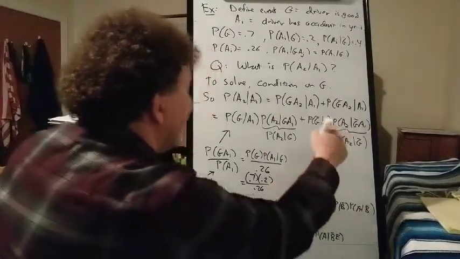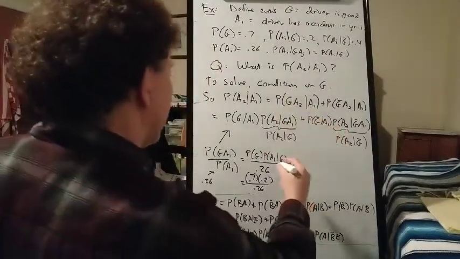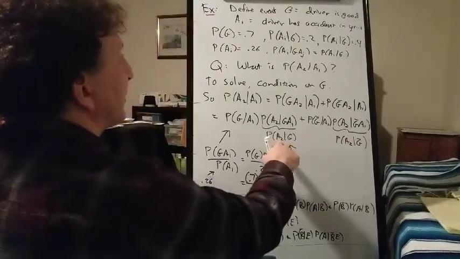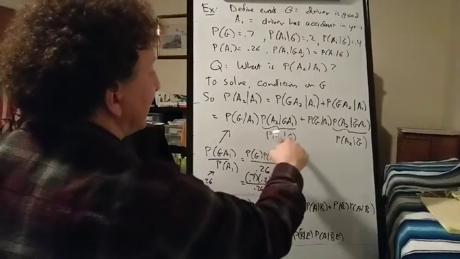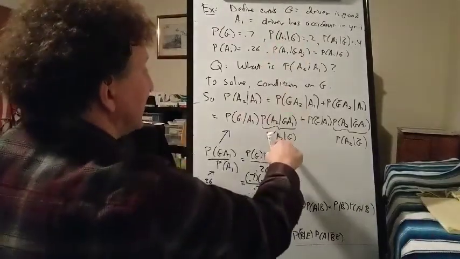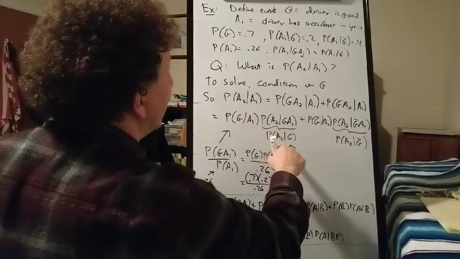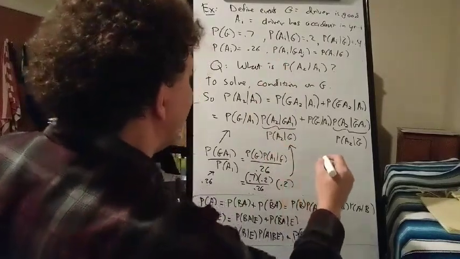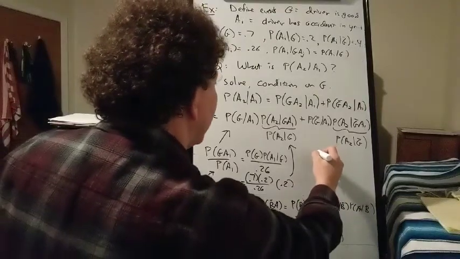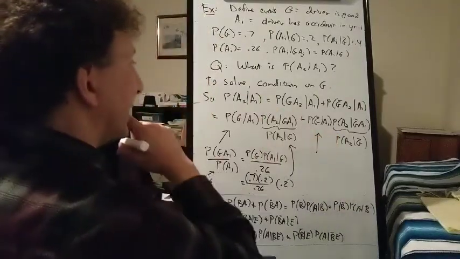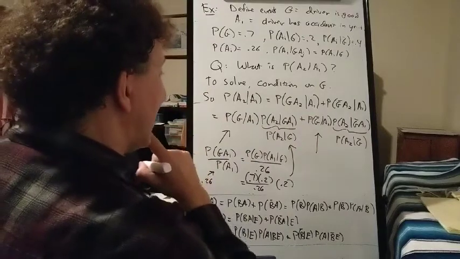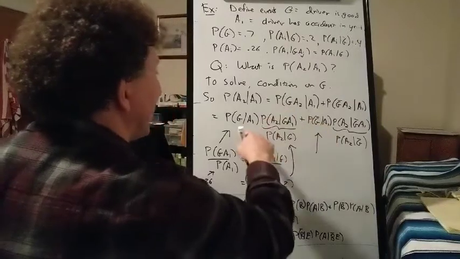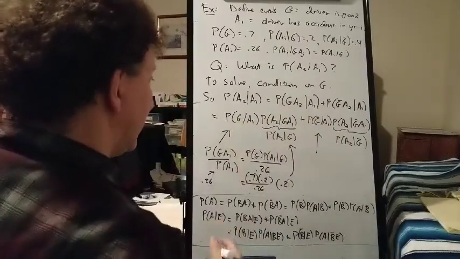And then for this probability, I'll draw an arrow because we know a number for this. Probability of A2 given G is the same as probability of A1 given G, because the year doesn't matter. So that is 0.2. And then here, probability of not G given A1 is 1 minus probability of G given A1.